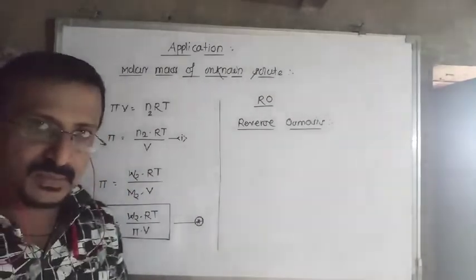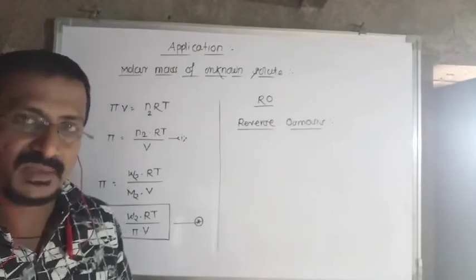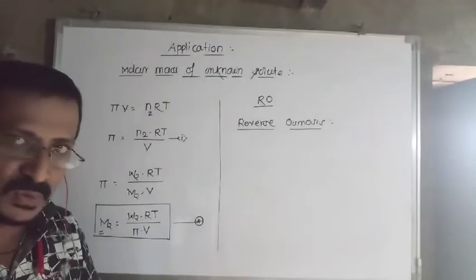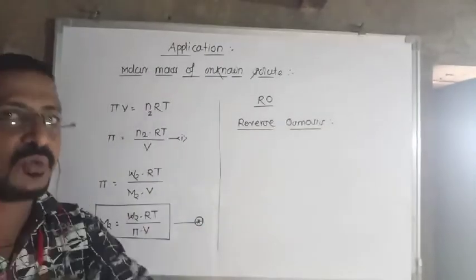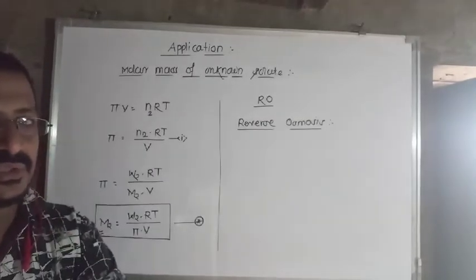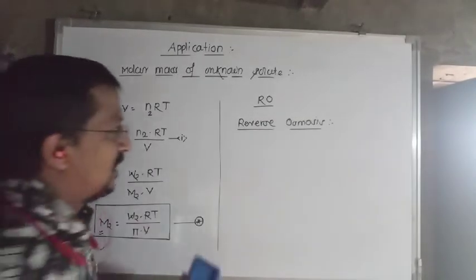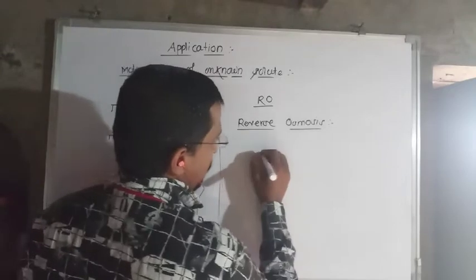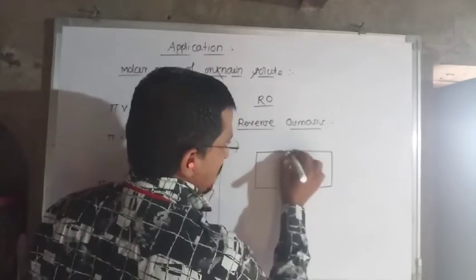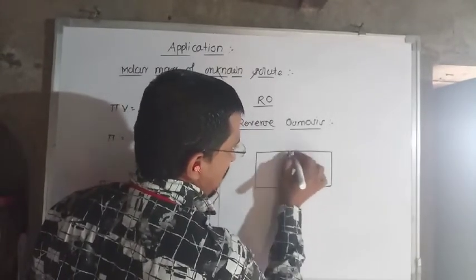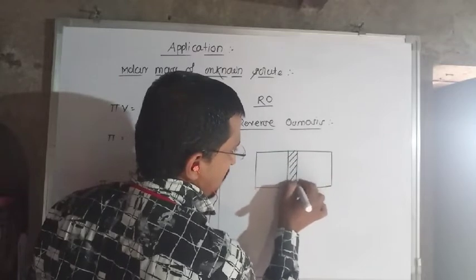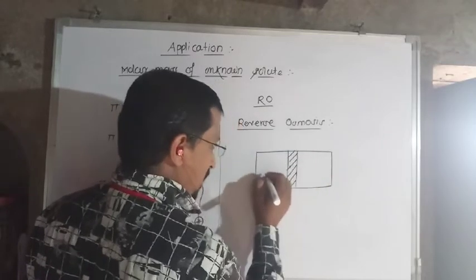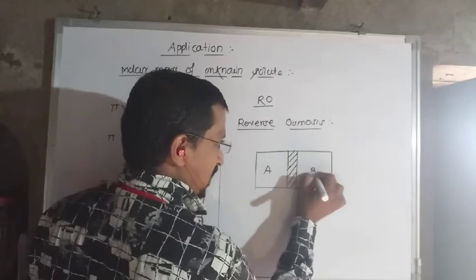In the osmosis process, solvent molecules flow from the dilute solution to the concentrated one. Suppose I make two compartments, separated by a semi-permeable membrane: A compartment and B compartment.